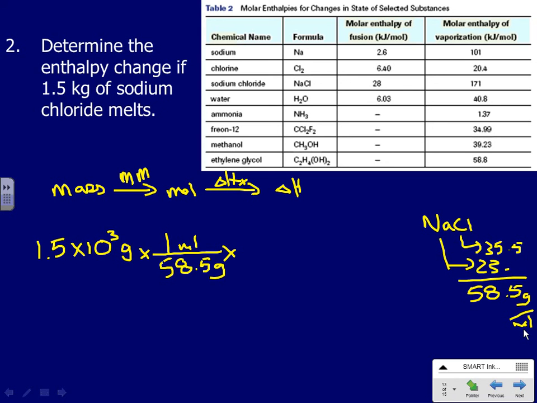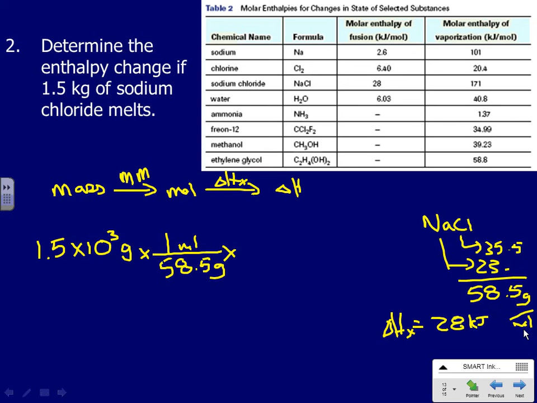Now we're in a new territory. I need my delta HX. So let's write that off to the side like we would write any conversion factor. I am melting sodium chloride, so I want fusion. Sodium chloride is right there, 28 kilojoules per mole.